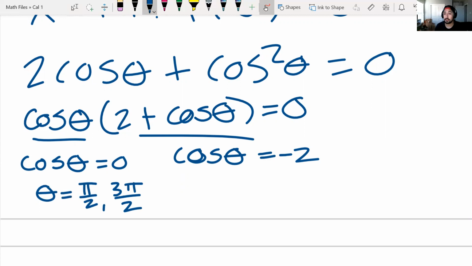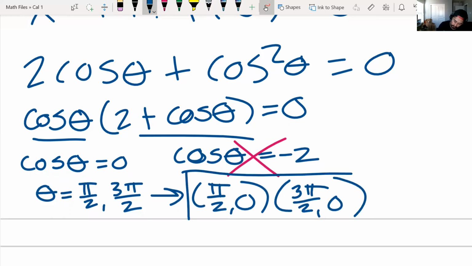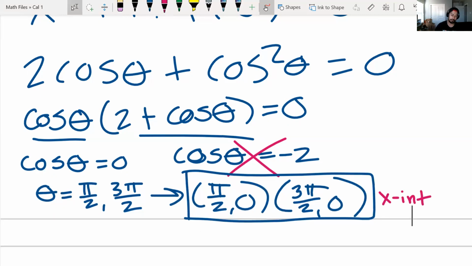And for cosine theta equal to negative 2 on the unit circle, that is nowhere. So this one does not work, which means that my x-intercepts are at pi over 2, 0, and 3 pi over 2, 0. Those are my x-intercepts.